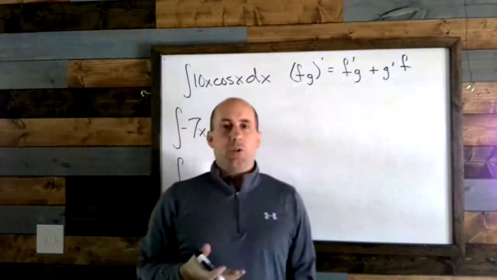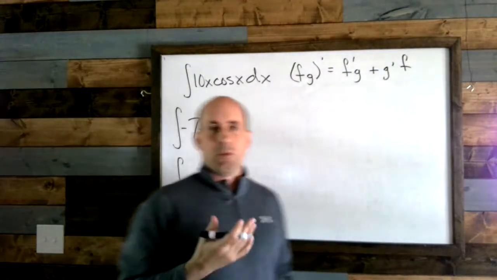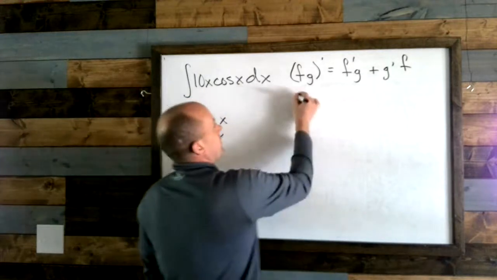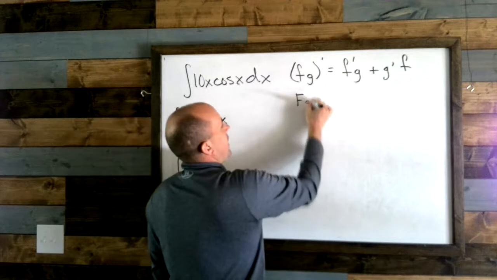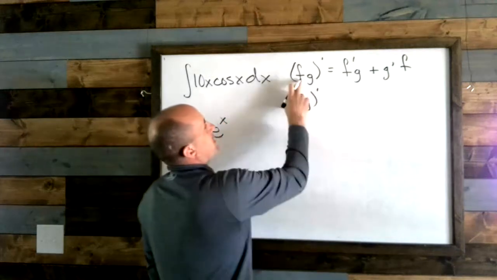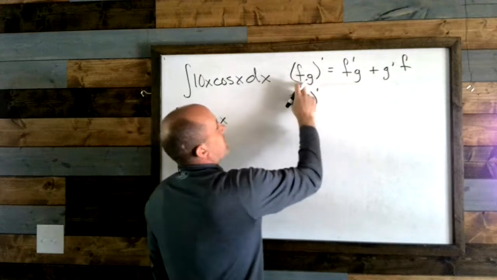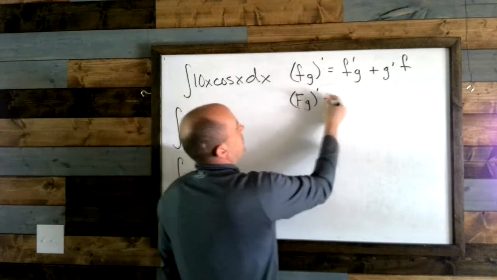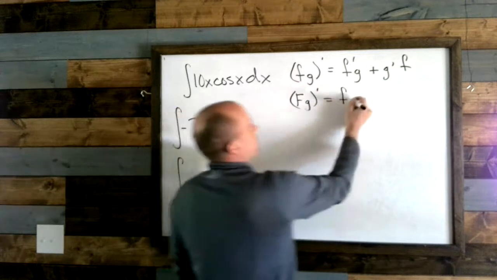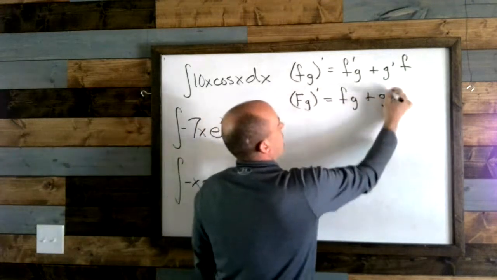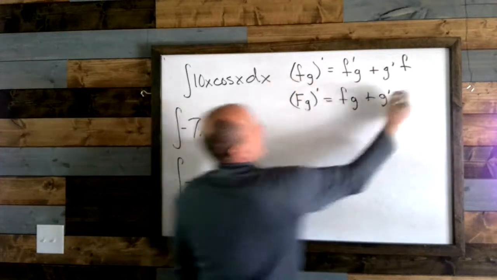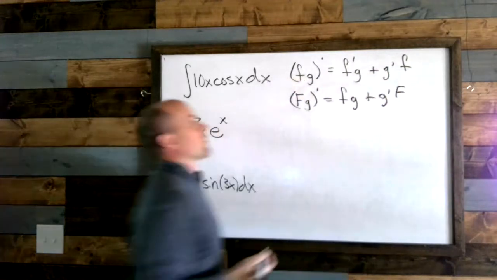Now I'm simply going to substitute something in here: I'm going to put large F. So this is F, and this is the derivative of that. What's the derivative of large F? We say little f. And then we just have g plus g prime.